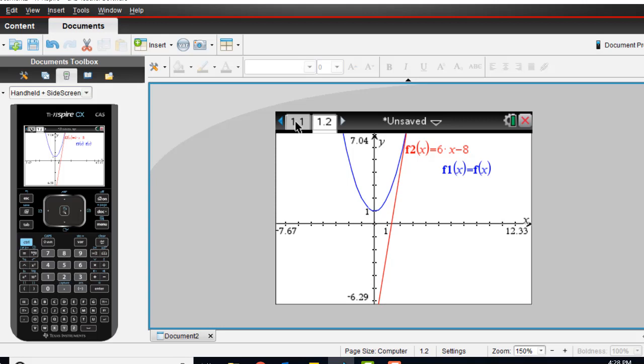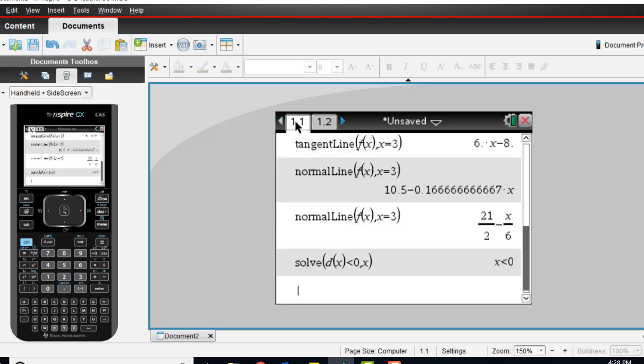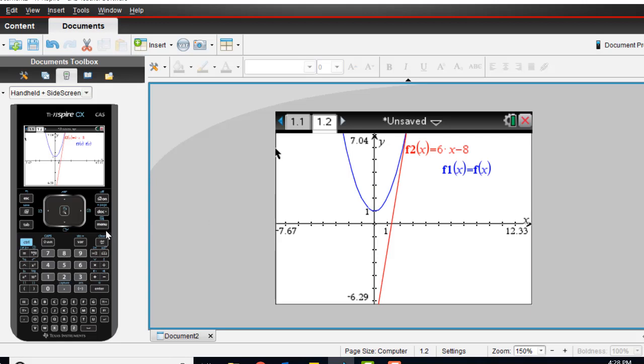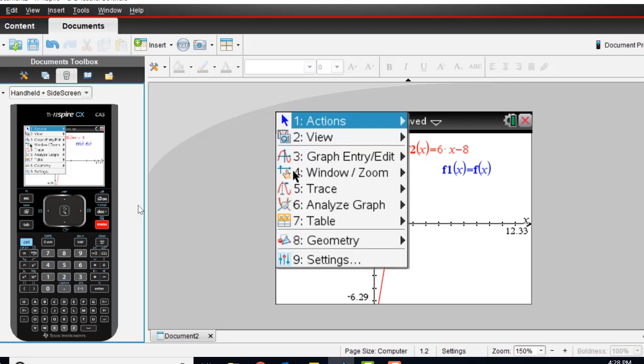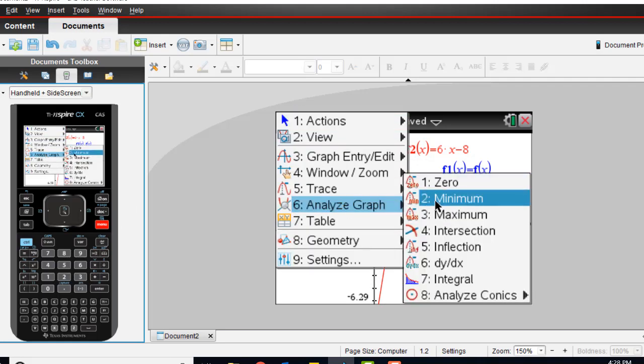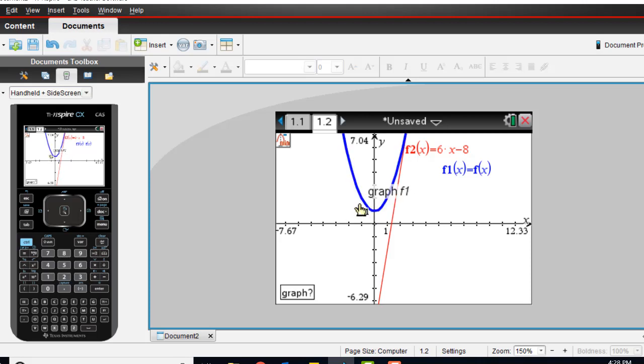If you want exact values, you're always going to have to use solve. You can't get, as far as I know, exact values of turning points. Say that was really ugly, like a decimal value or root 7 or something, it'll give you a decimal approximation. If you go menu, analyze graph, minimum, click on this one, click, click, it gives you the minimum.